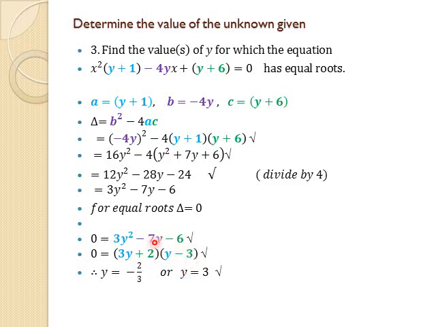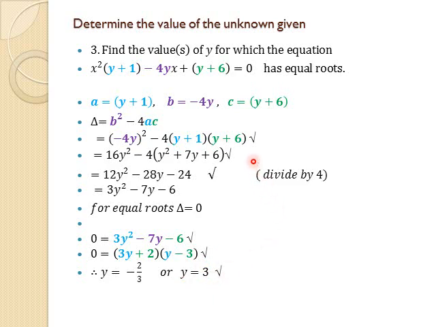So if I check, can I get the middle term? Negative 3 times 3y gives me negative 9y plus 2y if I multiply that. So negative 9 plus 2 gives me negative 7. So using the zero factor law, 3y plus 2 equals 0. If I take 2 over, it becomes negative 2 divided by the coefficient of y, so y equals negative 2 over 3. If I take negative 3 over the equal sign, it will become positive 3 and y equals 3.